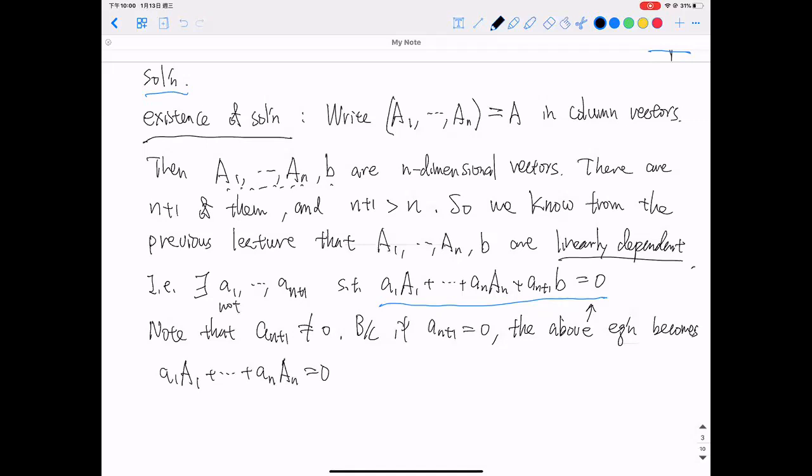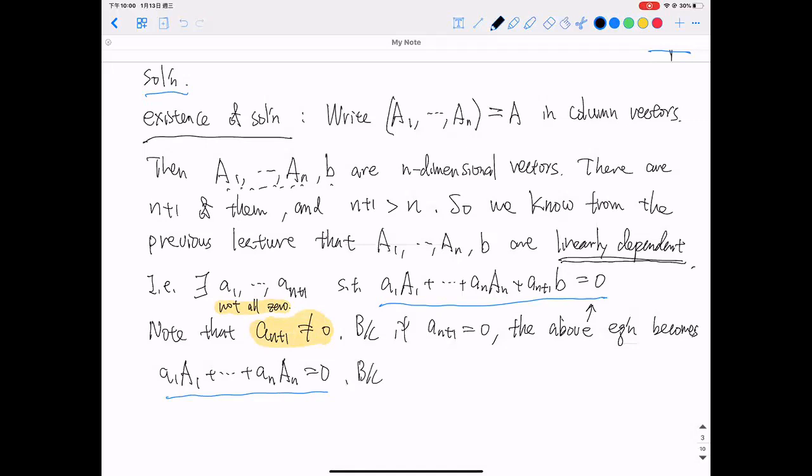Now I should have mentioned that because A1 through An and B together are linearly dependent, these coefficients a1 through a(n+1) are not all 0. That's one thing about linear dependence. Now we want to argue that a(n+1) in particular is not 0. For that, we assume that if a(n+1) were 0, then the equation gets simplified into this. This is a linear combination of A1 through An equaling 0.